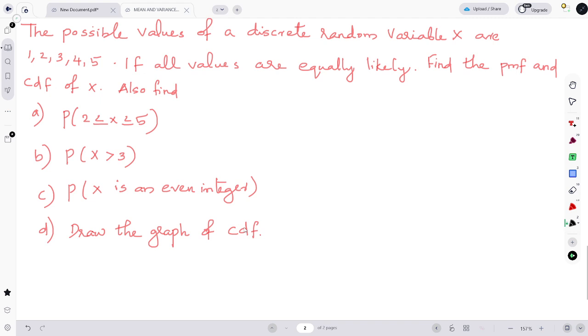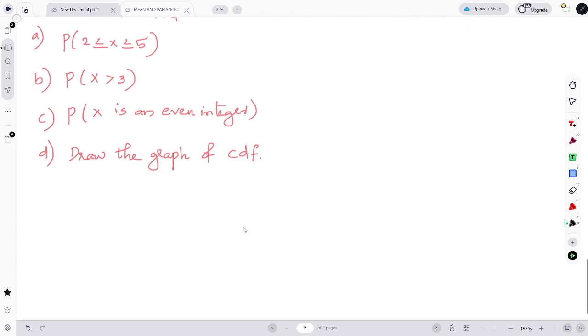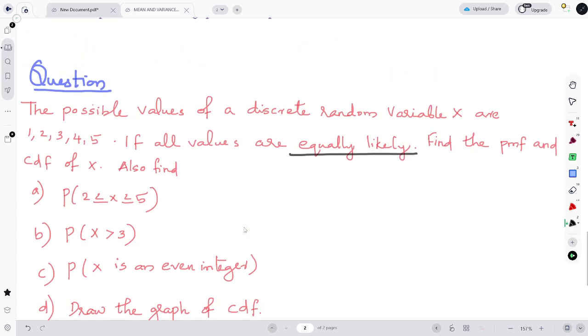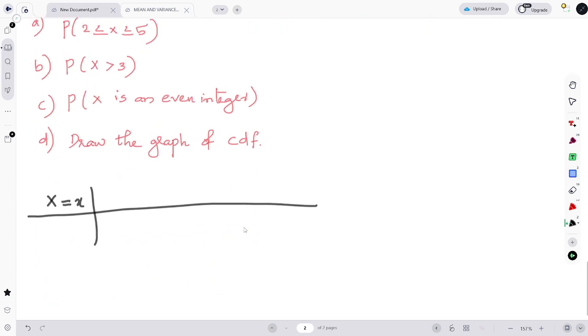So we have a hint that the values are equally likely. It is given that x takes the values 1, 2, 3, 4, 5.